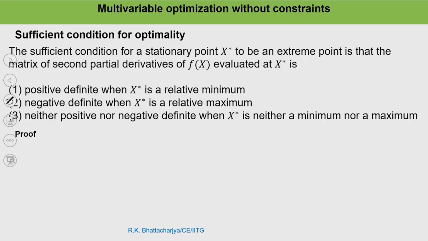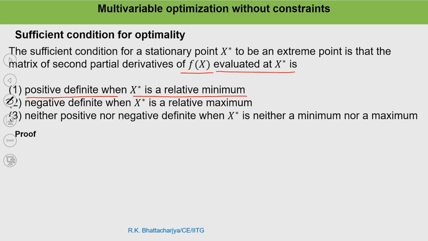So, we have to apply the sufficient condition for optimality. The sufficient condition for a stationary point x star to be an extreme point, meaning either a maximum or a minimum point, is that the matrix of second partial derivatives of f of x evaluated at x star is positive definite.